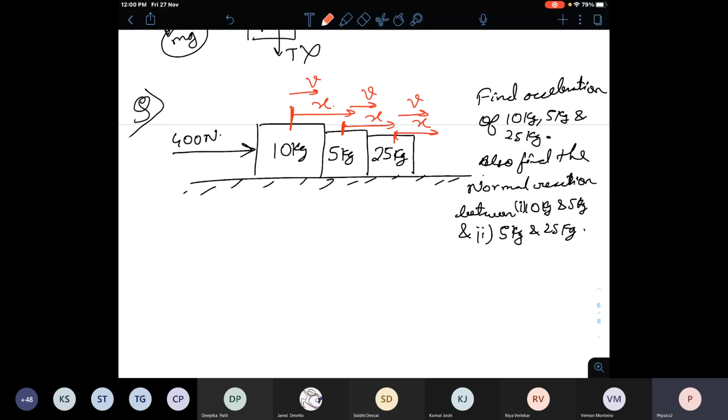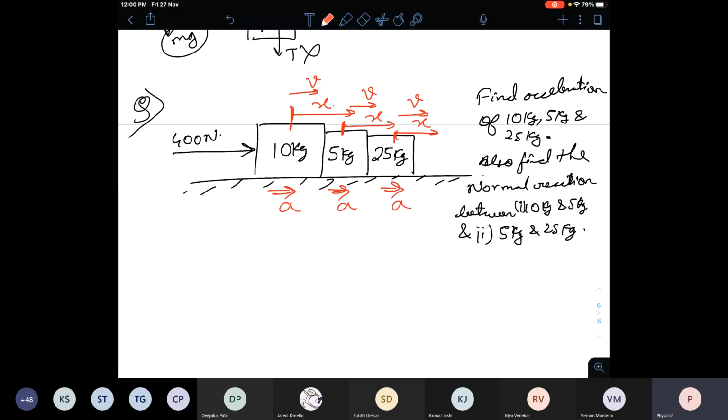Now, if you again differentiate these velocities, they will have the same acceleration. So it is known to us that the acceleration of all the three blocks will be the same. Now how to calculate that acceleration?